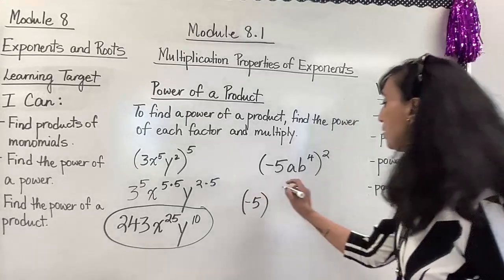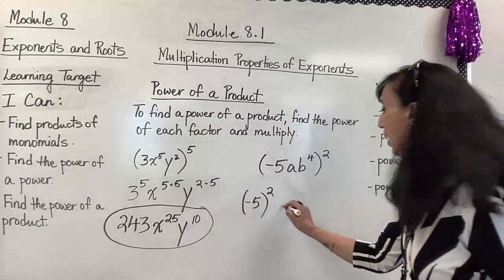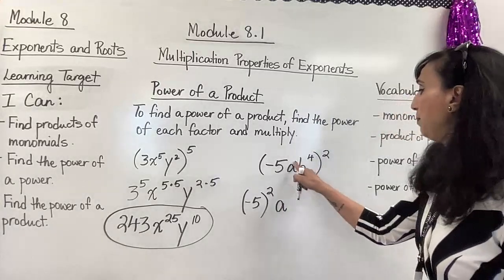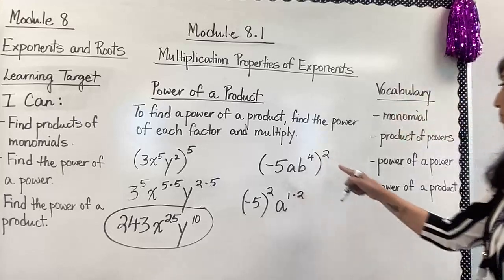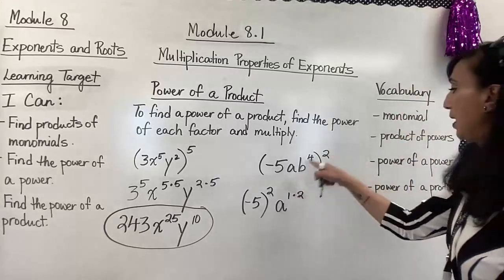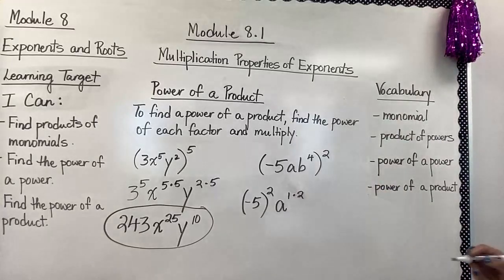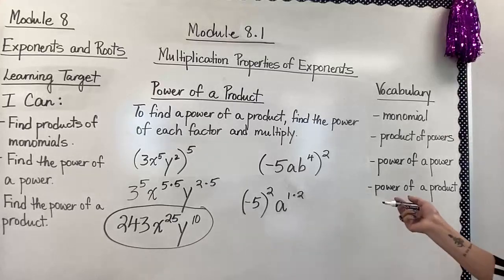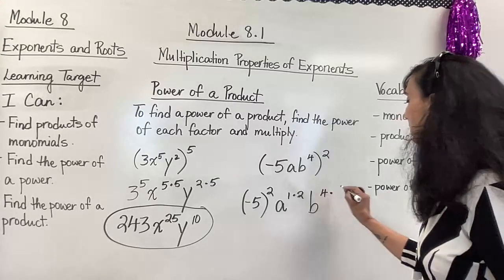And what is this? Squared, right? Times, we have a, and this means the power is 1, and times 2, because power of a power, times 2. Okay? And then I have, what do I have after that? I have b, and this is 4 times 2.